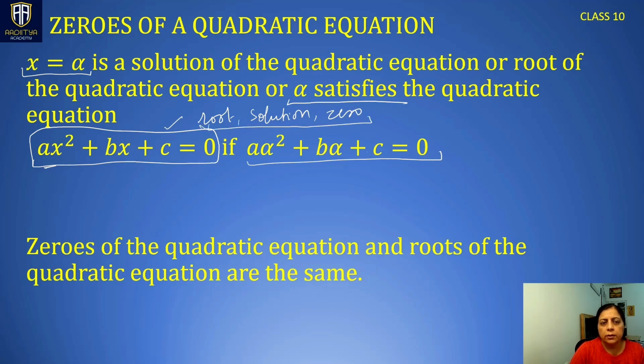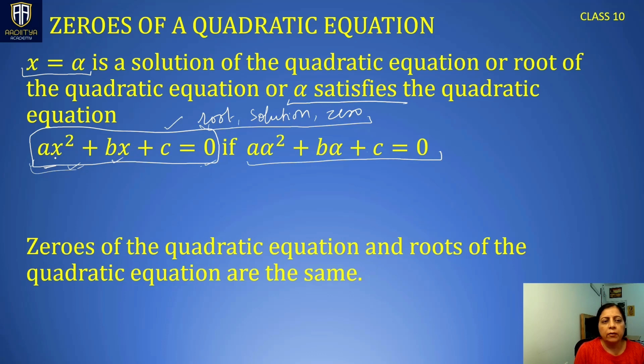In class 9th you had learned that whenever we have to check whether a particular x is a solution, zero or root of a polynomial, we put that number in the expression, and if it becomes 0, that means it is a zero of this polynomial.